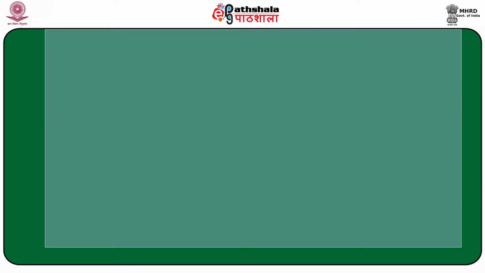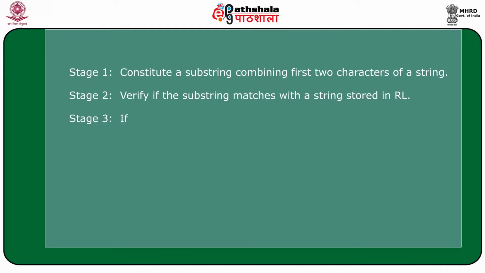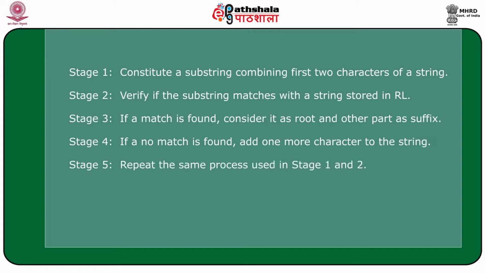Verify if the substring matches a substring of a string stored in the root lexicon. If a match is found, consider it as the root and the other part as the suffix. If no match is found, then add one more character to the string. Repeat the same process as in stage 1 and stage 2.